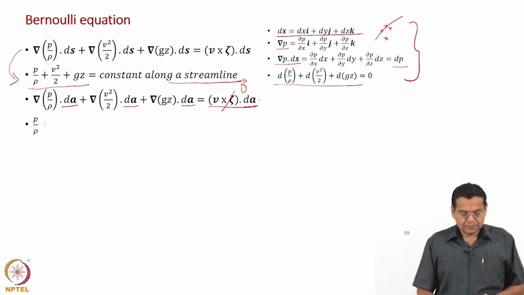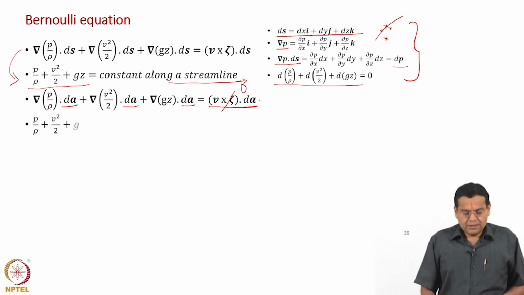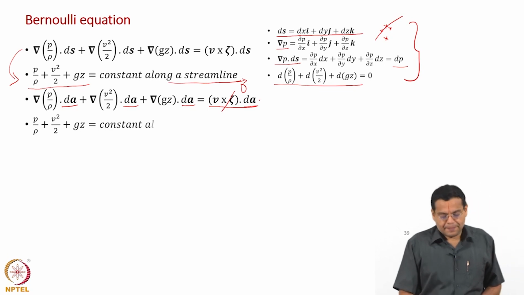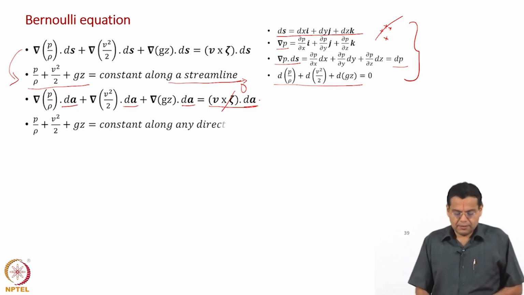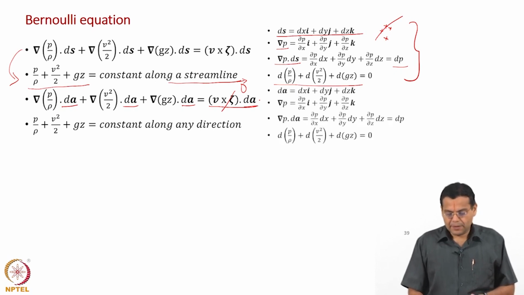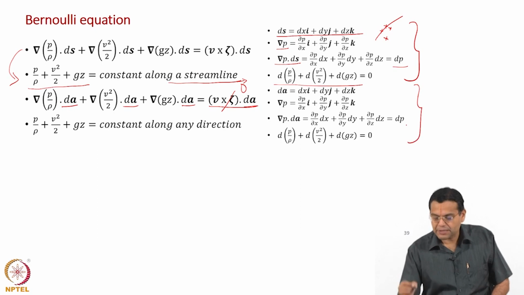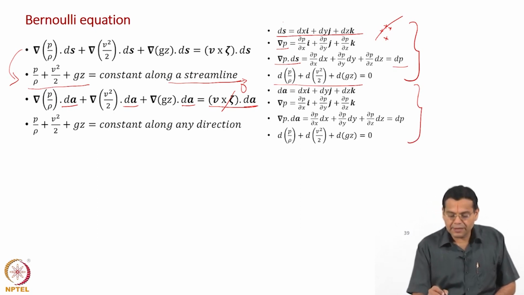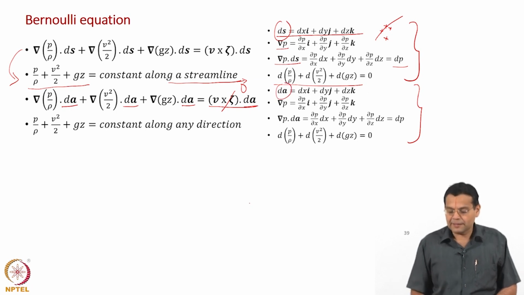Now, what happens? If you repeat the same steps as we have done earlier, but instead of ds vector I have some dA vector along any direction, once again expressed as dx i, dy j, dz k. For example, if you take gradient of p, if you take a dot product between gradient of p and dA vector, you once again get dp.